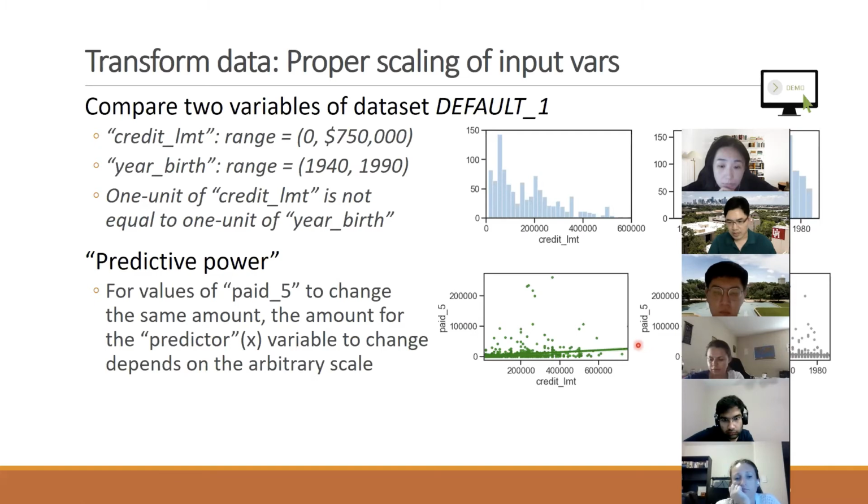And let's take a look. I plotted a scatter plot of each of the two variables with paid 5 on the y-axis, and you can see that the y-axis has the same scale between the two graphs, but on the x-axis of the two graphs, the range is quite different. The range that the data represents are different.